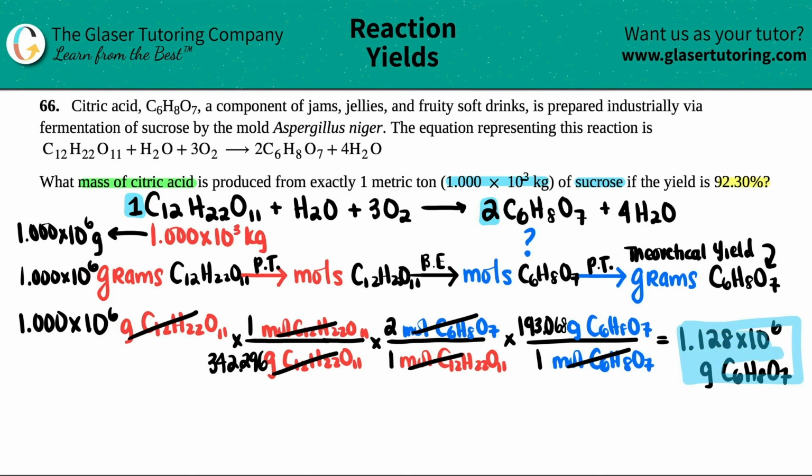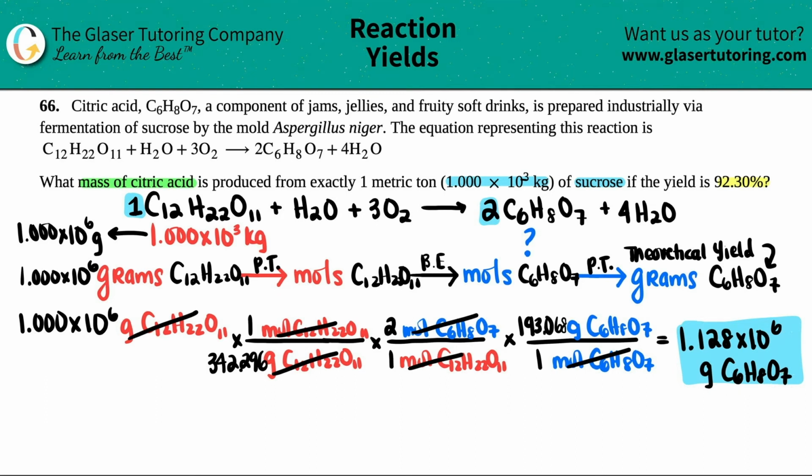But they wanted to know what was the mass of the citric acid if we had a percent yield of 92%. So basically, if the theoretical yield is 100%, it's the max amount that we can produce with no error, what would I be able to produce when I only produce 92% of this?